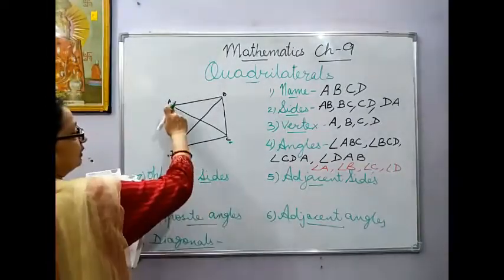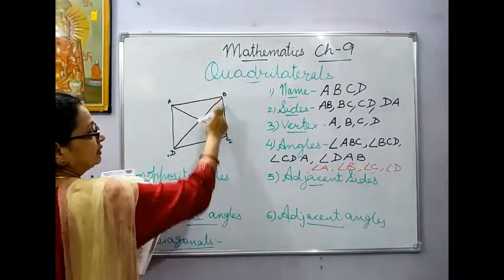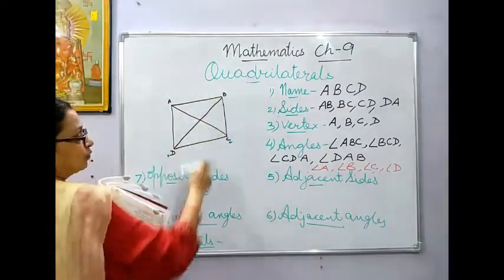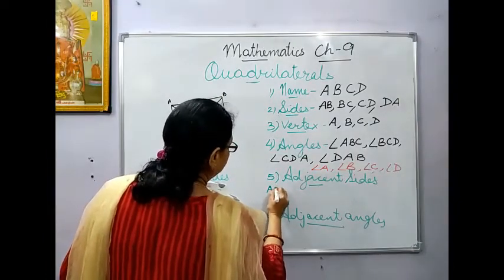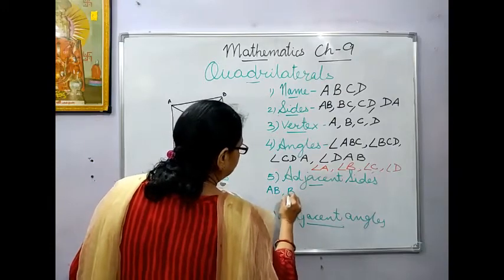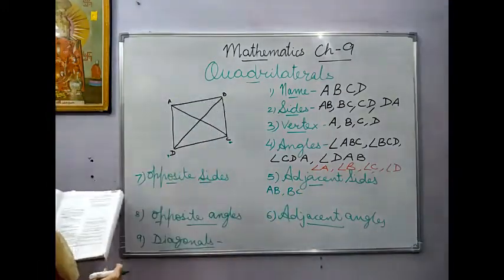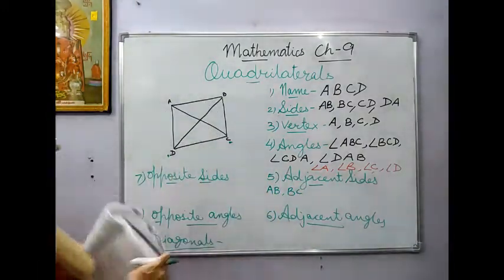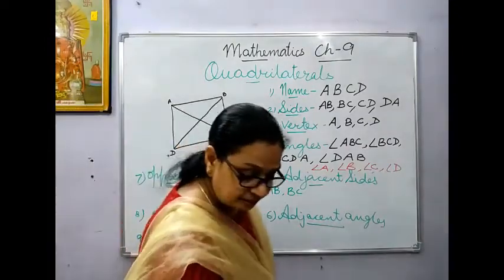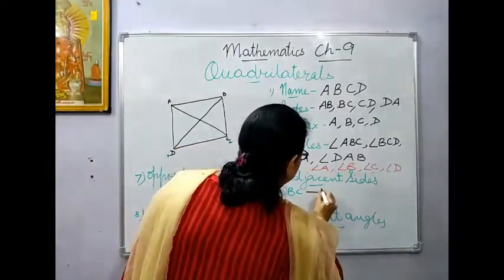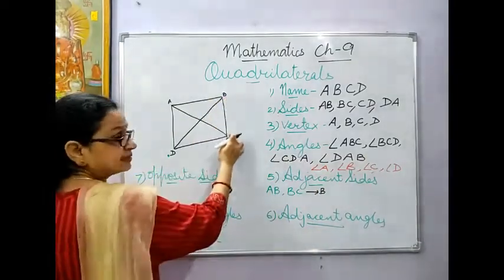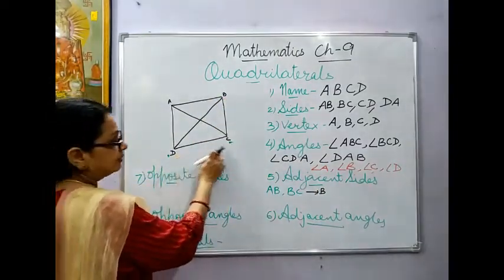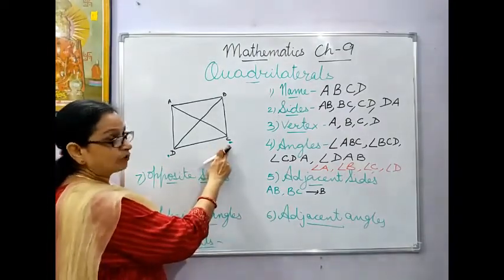Now see here, this AB and BC, they are meeting at B. So the adjacent sides will be AB, BC, and their vertex is B. They are meeting at B. Similarly, BC and CD, they are meeting at C. This is their common vertex.